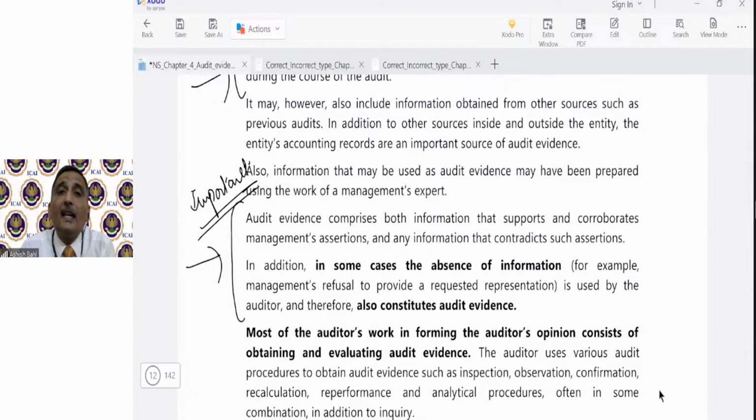Whether you get something or not, that is a different issue, but you did the right thing, you employed the procedure, and you sent a mail, and the other party from whom information was required, he has not responded, or he has expressed his inability to respond. So this in itself also constitutes audit evidence. Clear, students?